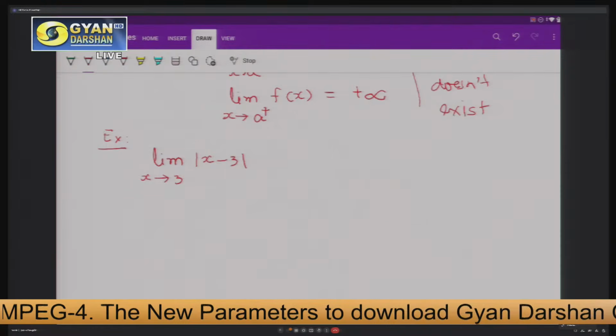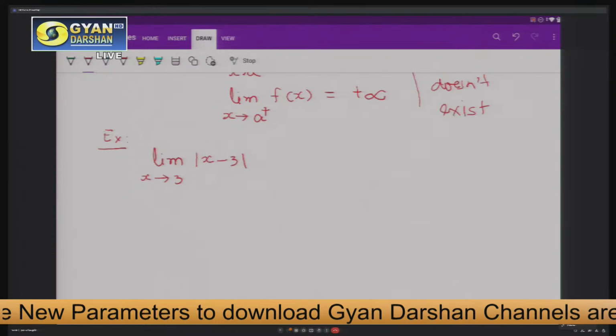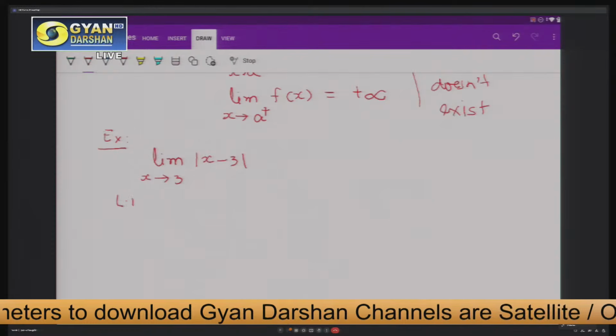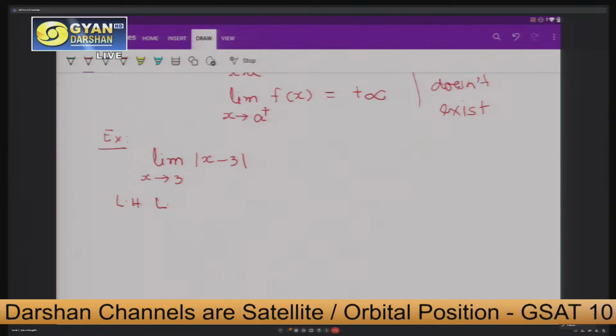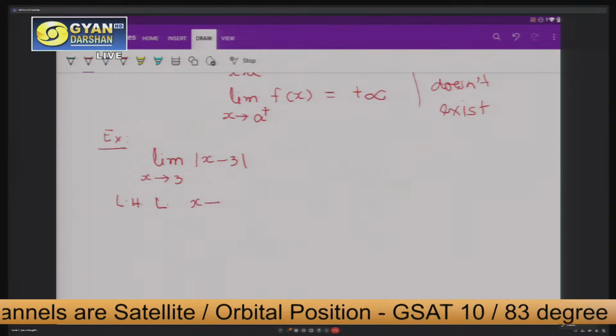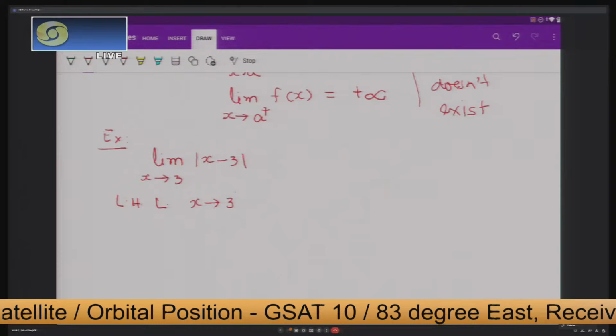Now let us take left hand limit. Okay, so x is approaching from left, that is 3 minus.